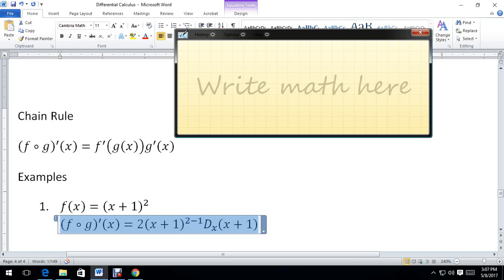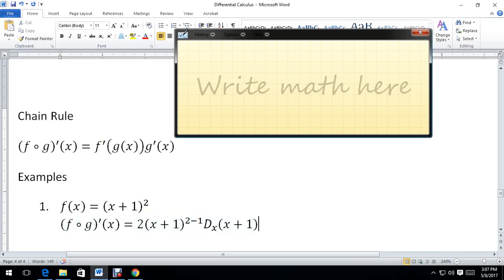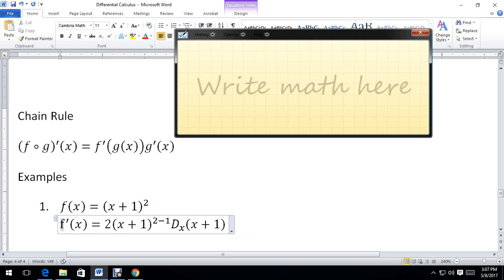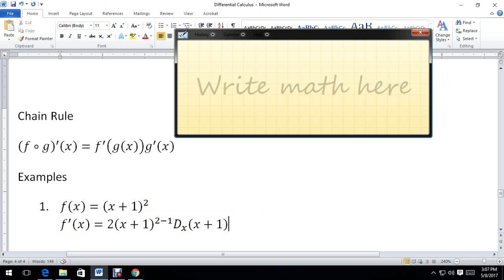Now take note, I have written down f prime of x as the derivative of the composite function.